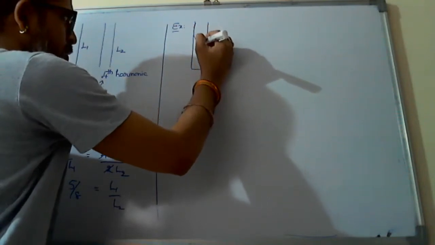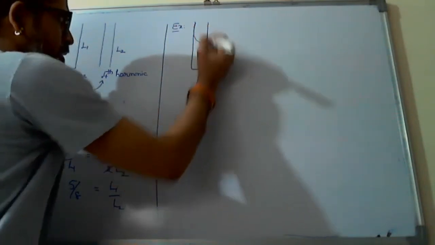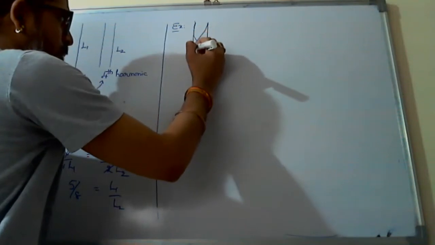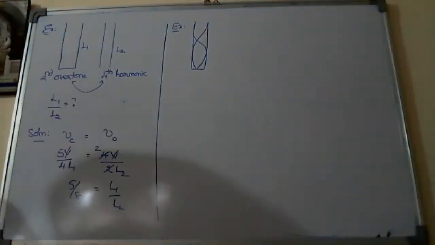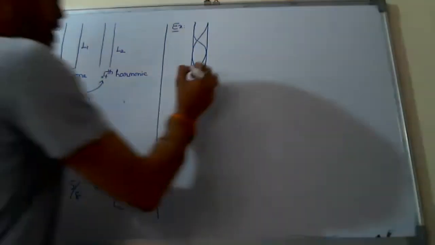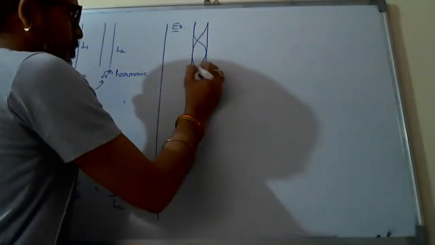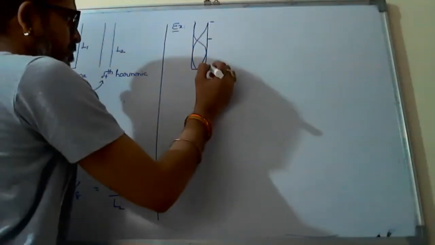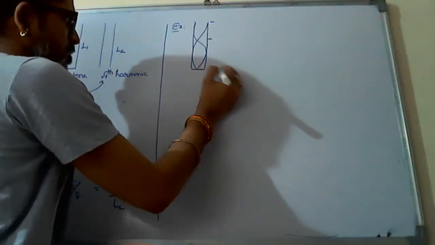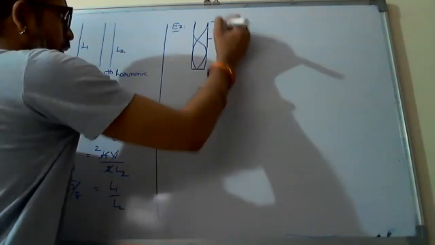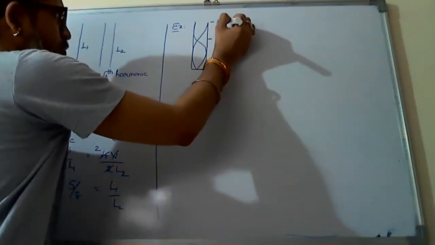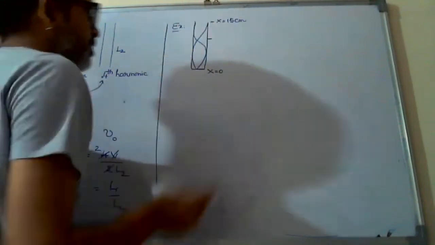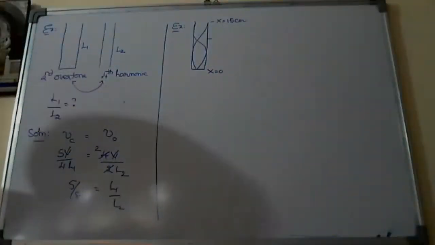First overtone means, you know, 1.5 loop will be formed, means the formation will be like this. And here the length is given as, this is x equals 0 and this is x equals 15 centimeters.